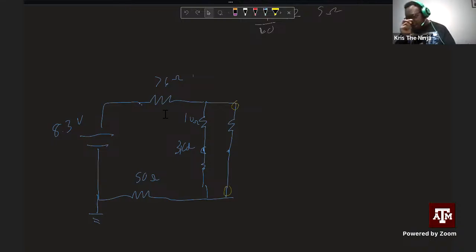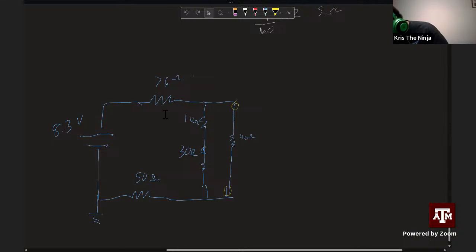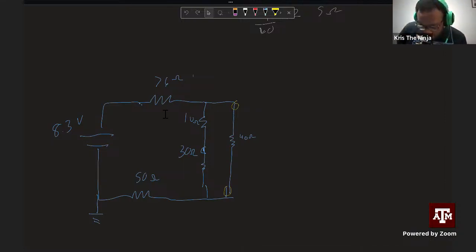So Granddad, do you have any idea how to find I total? You compute the value of your resistors and then multiply those times your... We have a voltage though.